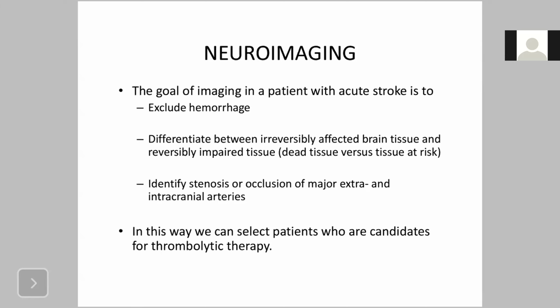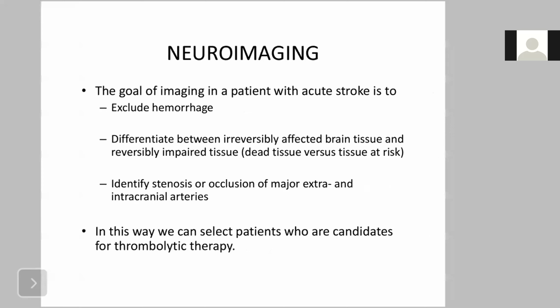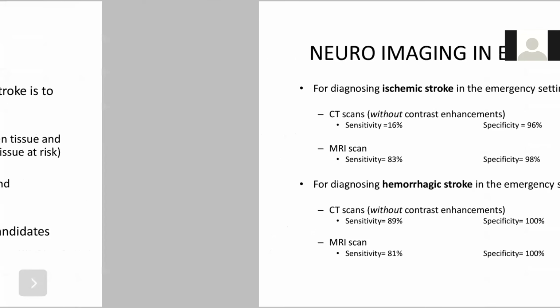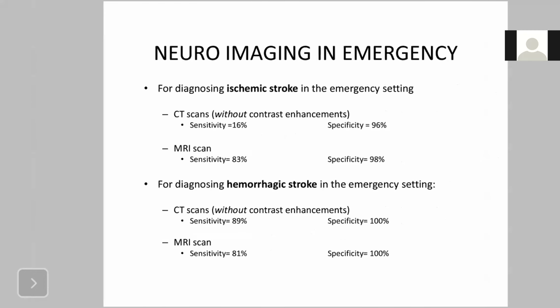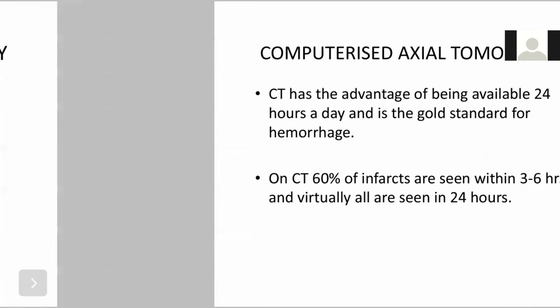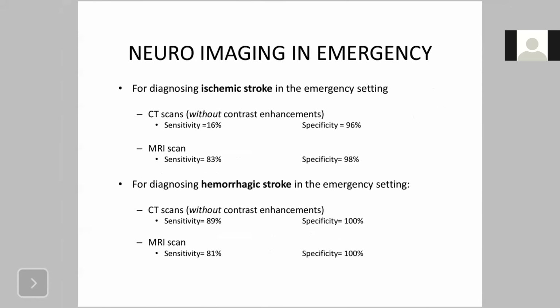So what is this thrombolytic therapy? What kind of neuroimaging are we going to do in acute stroke? For diagnosing ischemic stroke in the emergency setting, CT scan has a sensitivity of 16% and a specificity of 96%, whereas MRI has a specificity of 98% and sensitivity of 83%.